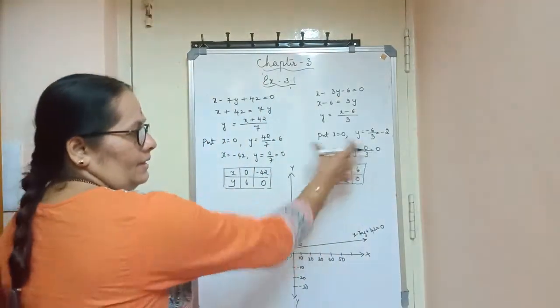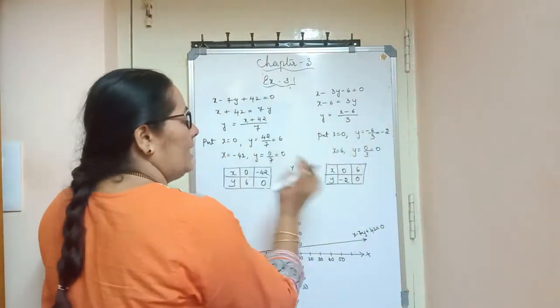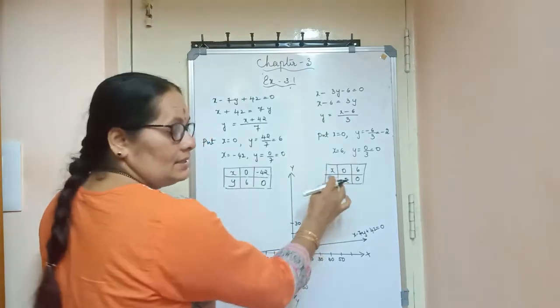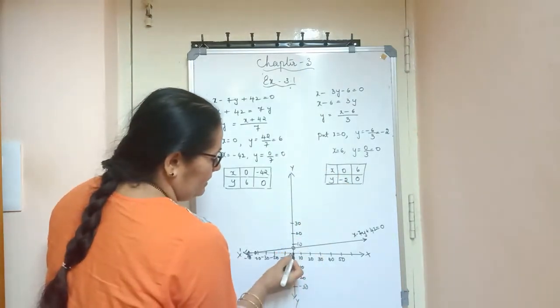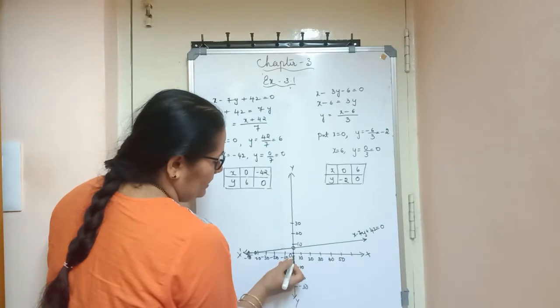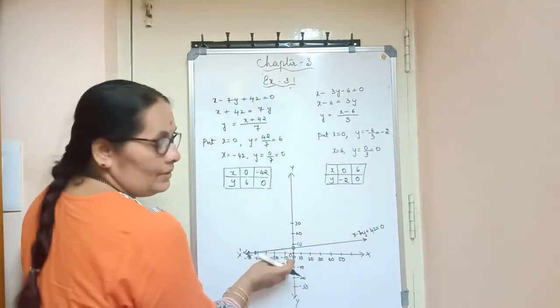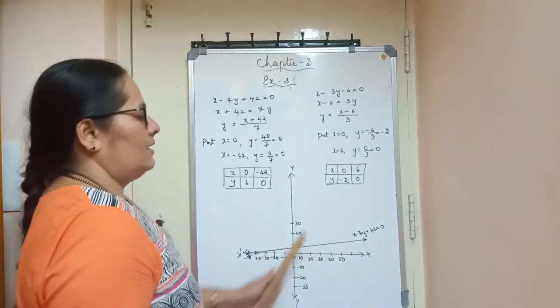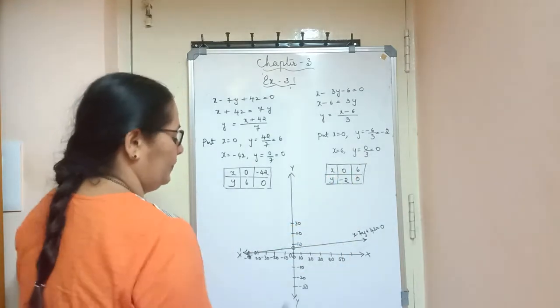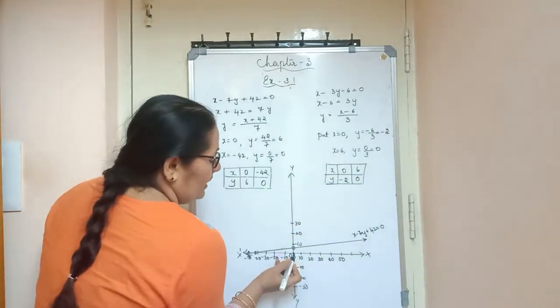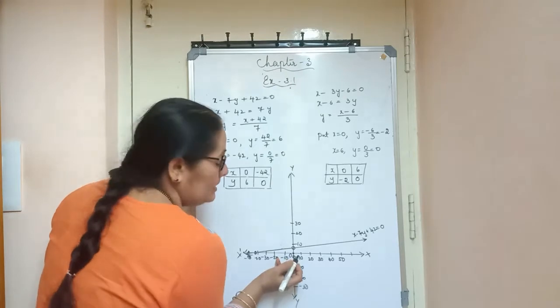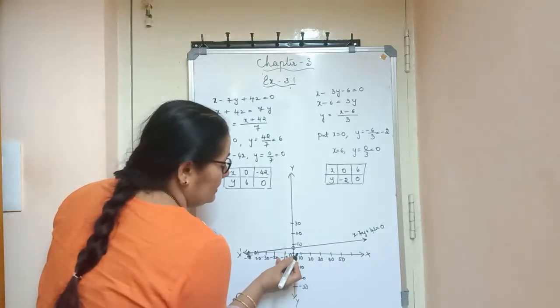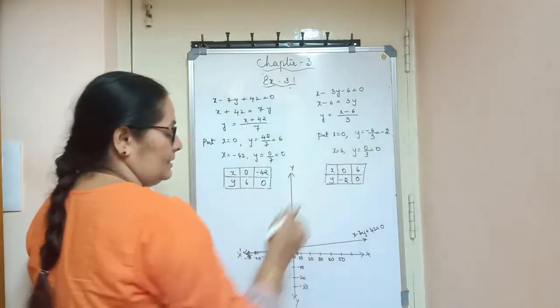Now for the second equation, when x is 0, y is minus 2. So after 0, the second line. Then when x is 6, from 0 to 10, the middle dark line is 5. So the next line is 6. When x is 6, then y is 0.